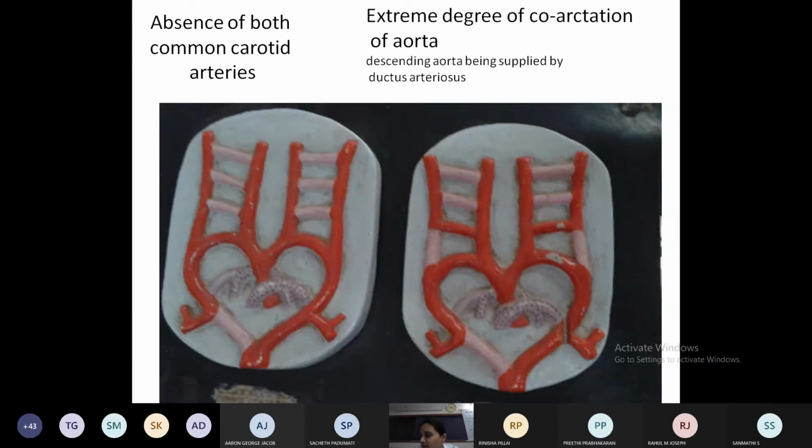So that is about aortic arches. Any doubt? I'll not show you the models of this because these are just plates. You can see the anomalies like this only.